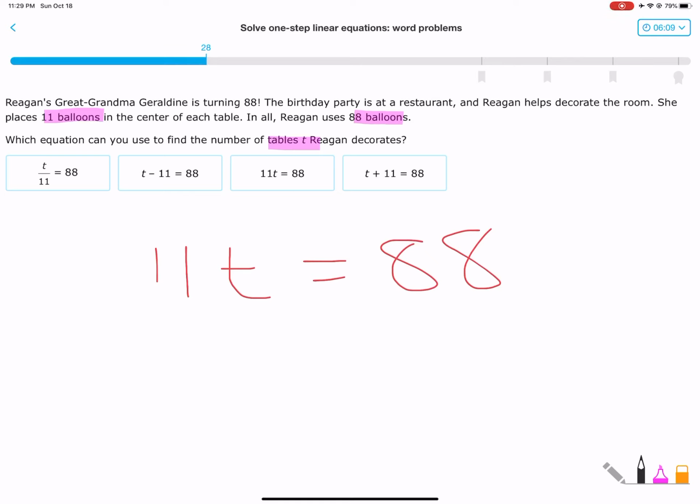Well, 11t is the same thing as 11 multiplied by t. And the way we get rid of multiplication is we do the opposite, which is division. When we draw a line underneath, that always means divide. T equals 88 divided by 11, which is 8.